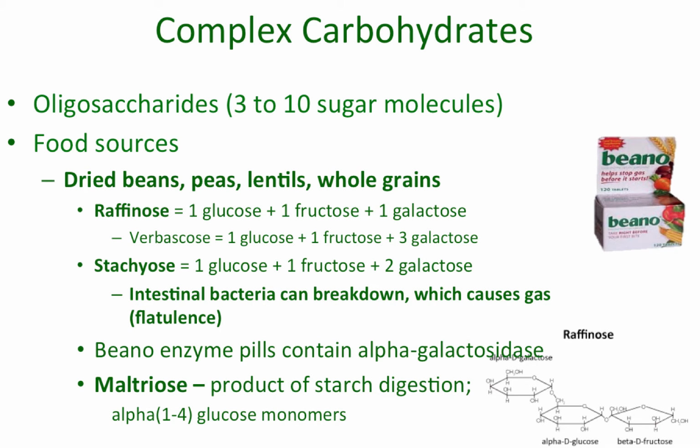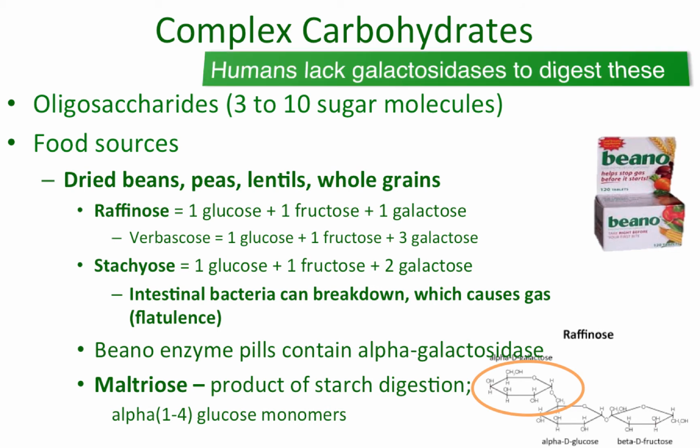And for that reason, you would need some type of galactosidase to digest these different oligosaccharides. However, we don't produce the enzymes to do it unless it's lactose, which is a beta-galactosidase. We don't produce the alpha-galactosidases, however. However, you can use Beano to give you the enzyme to digest these.